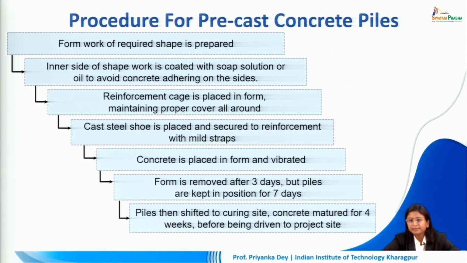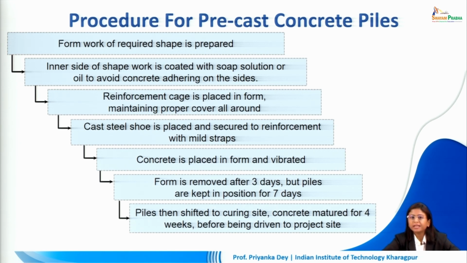How do we create these piles? In the factories, the formwork of the required shape is first prepared. The inner side of this formwork is coated with soap solution to make it not adhere to the sides of concrete. Reinforcement cage is then placed inside, ensuring that proper cover is all around. The cast steel shoe is placed and secured to reinforcement with mild straps.